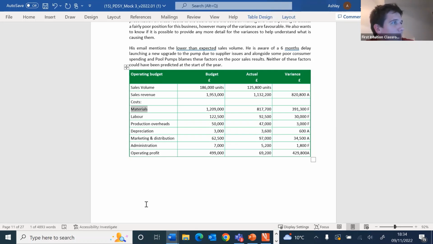Anyone think? So let me give you an example. I am making tables in a factory, and at the end of the year, I've got an adverse variance. Why might that have happened?